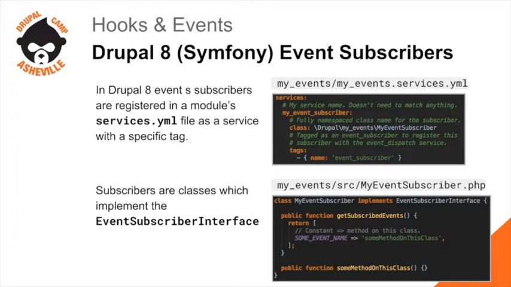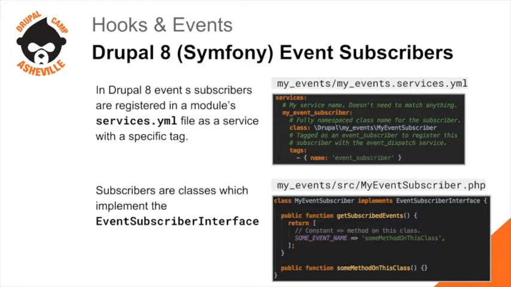Okay, so Drupal 8 has hooks, and it also has Symfony's event system, which is a whole new thing to Drupal. And that works a little differently. It's much more object-oriented. Here's a brief overview. What we want to do is subscribe to an event.